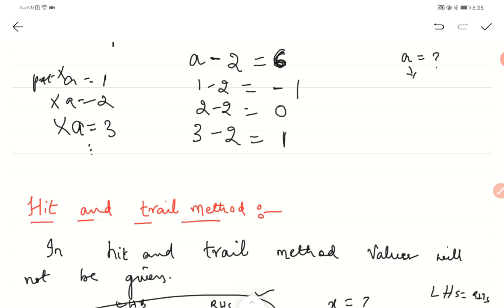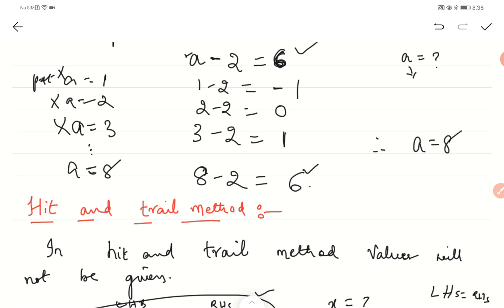So when you substitute a equal to 8, 8 minus 2 will give you 6. So 8 minus 2 is 6, isn't it? So we got the RHS value as 6 when we substituted a equal to 8. Therefore your answer is a equal to 8.